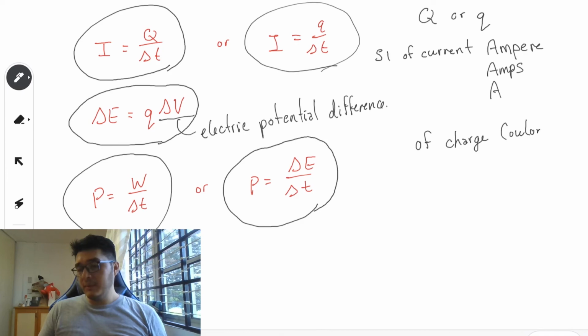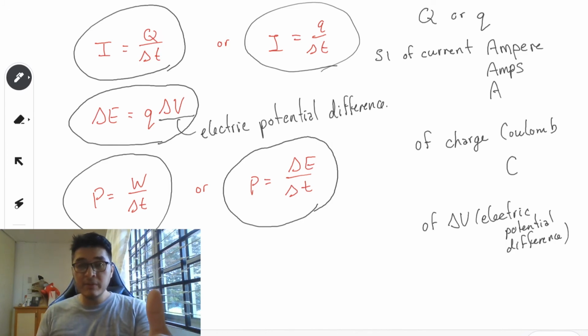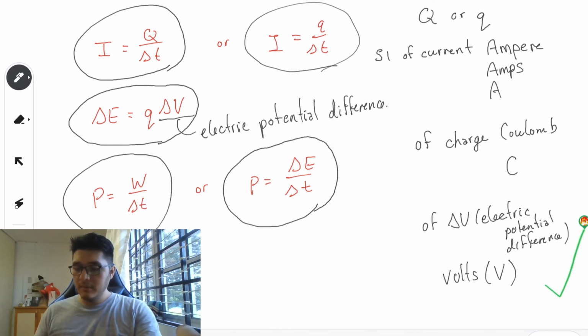For charge, we say the coulomb, which we use the letter C. And now the one that I didn't mention before is delta V, which is the electric potential difference. But that's in the name itself, right? So electric potential difference, we call it the change in voltage. So the units that we're going to use is the volts. So the capital letter V.